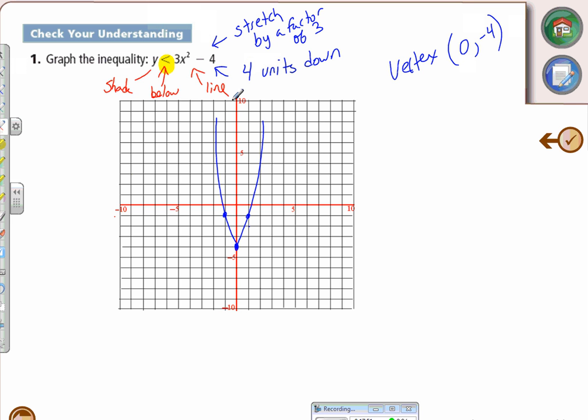Because it doesn't have an equal, I need to make sure that I have a dotted line. And now I'm going to shade below that, so everything that's below, including these parts on the side, because that is still below as these go up and out.